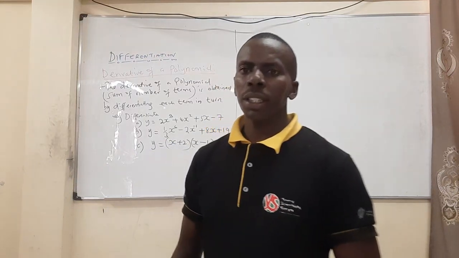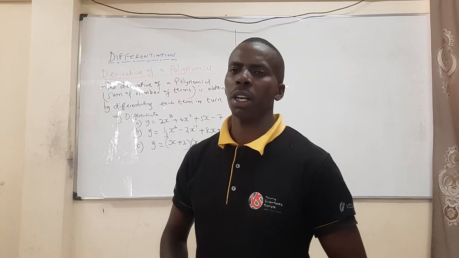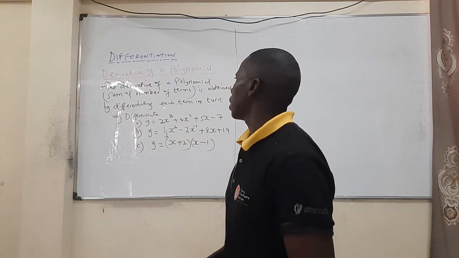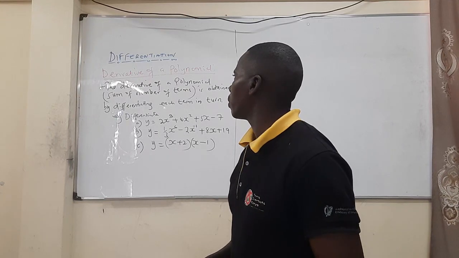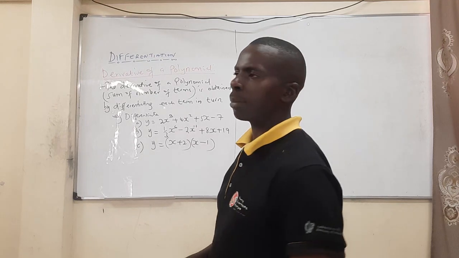Let's now look at how we can get the derivative of a polynomial. A polynomial is just a sum of a number of terms.